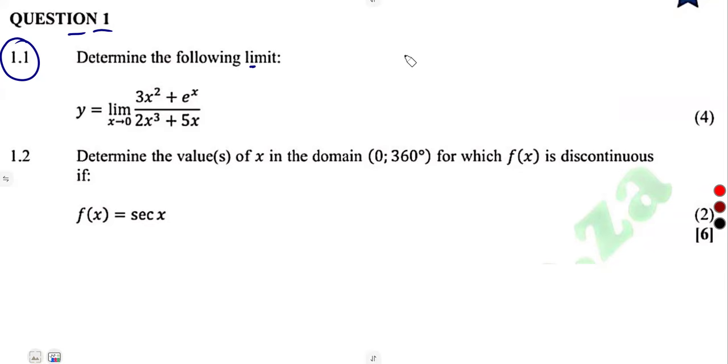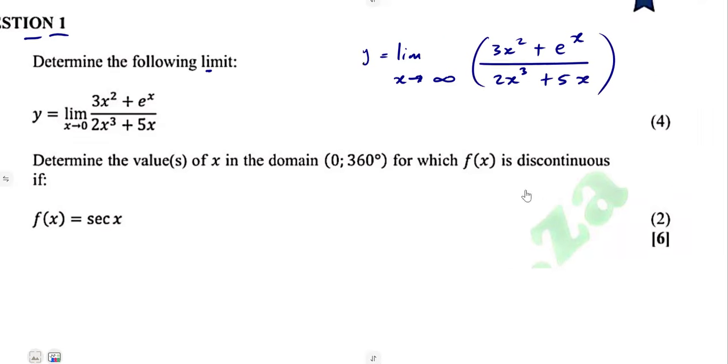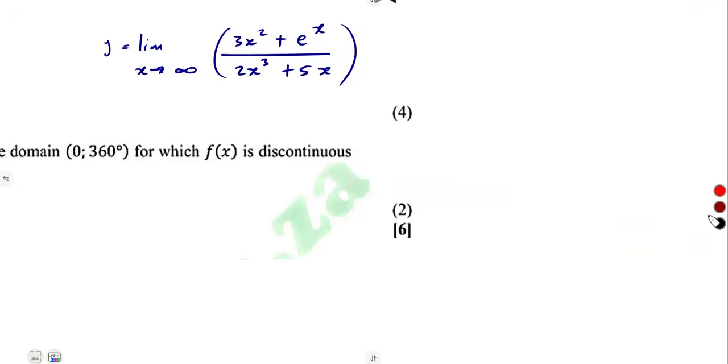So let us just work with infinite and see how it was going to be, like x approaching infinity, 3x squared plus e to the exponent of x over 2x cubed plus 5x. This is what you were going to do in a case like this. You were going to put the infinity.